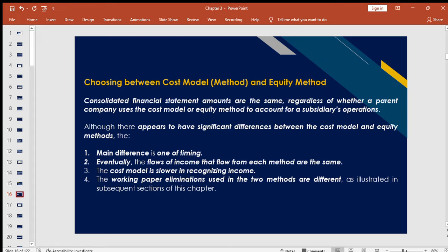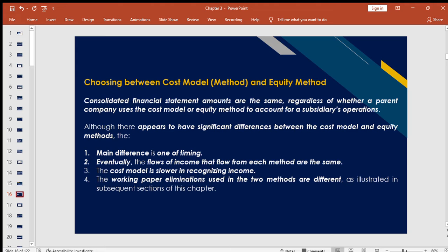Although there appear to be significant differences between the cost model and the equity method, the main difference is timing. Eventually, the flows of income from each method are the same. So the cost model is slower in recognizing income, kasi cost model only records the income at the end of the period, or at the consolidation date.